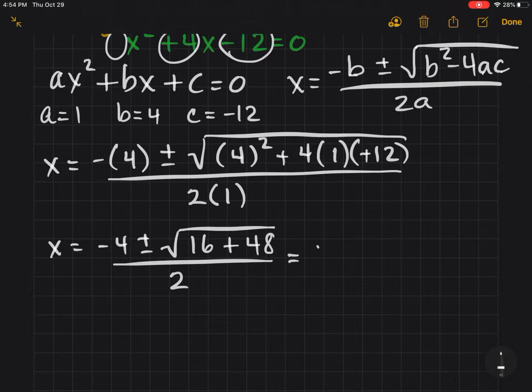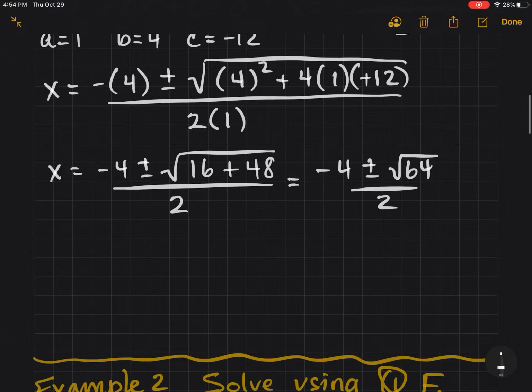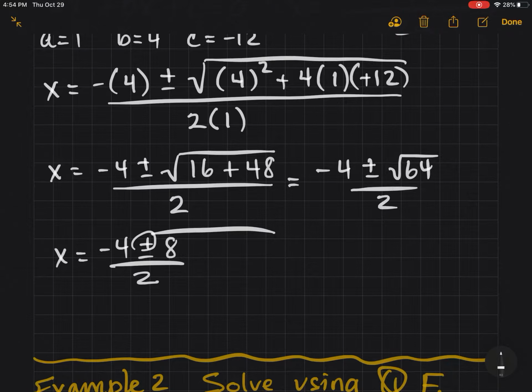So here I'm looking at negative 4 plus or minus, that's 64 over 2. So x equals negative 4 plus or minus 8 over 2.